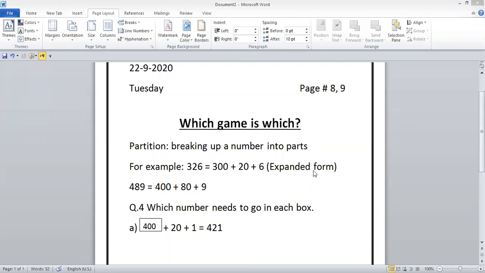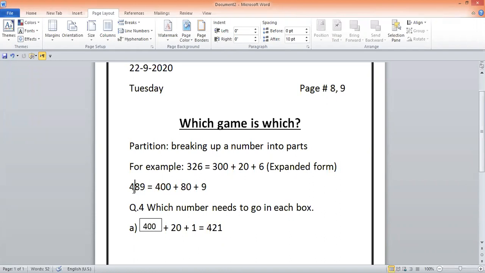What you have to do, when you are adding a number in each box, for example, this is the number 489. Okay, so you need to check the places of these numbers. 4 is on the 100s place, 8 is on the 10s place, and 9 is on the 1s place. If I want you to break it, that means I want you to write its values.